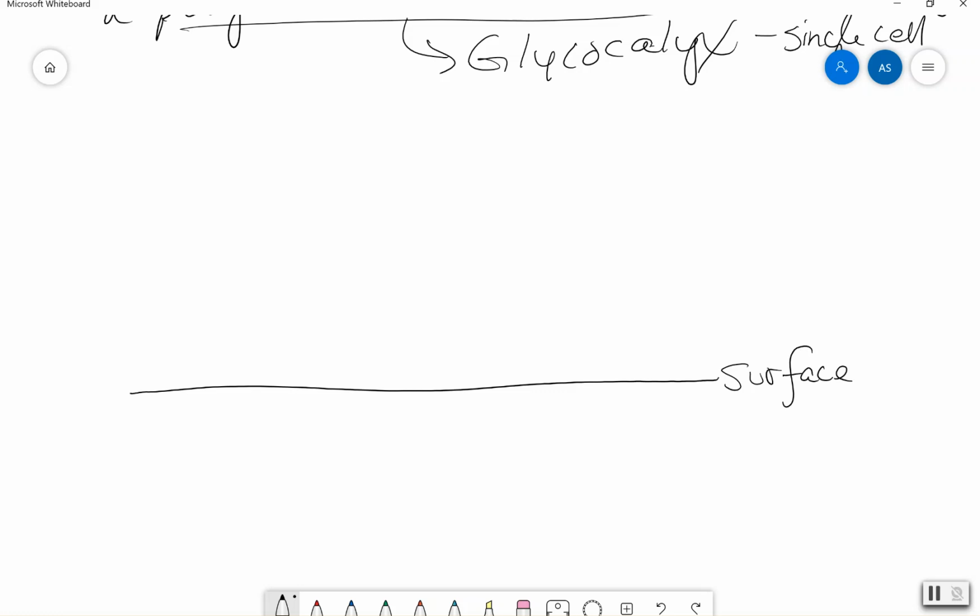In the medical environment, it could be inside a urinary catheter or any type of indwelling medical device, any type of implant catheter, or something like that. Any solid surface these microbes can attach to. So the microbes attach to the surface initially by weak chemical interactions called van der Waals forces.